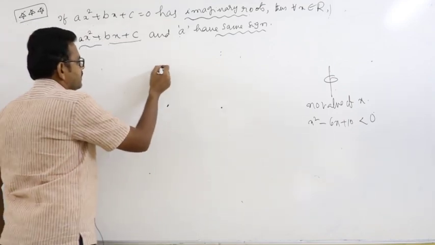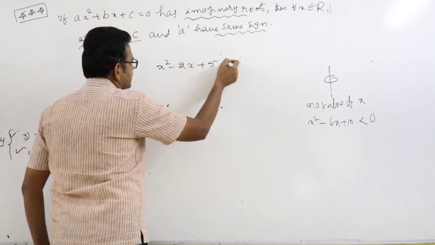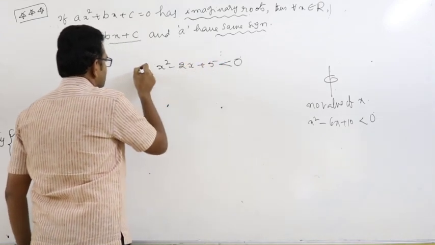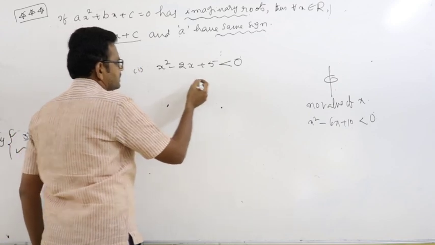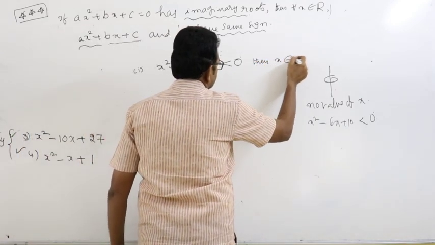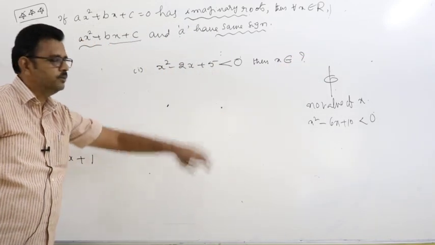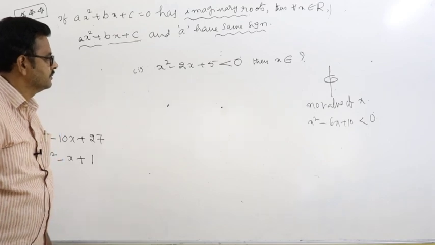And one more question. x square minus 2x plus 5 is less than 0. For what values of x is it negative?